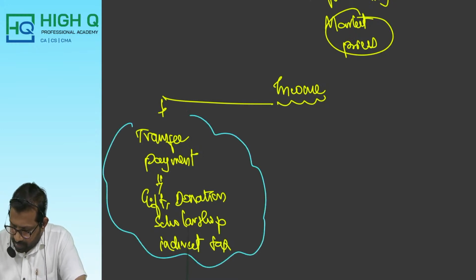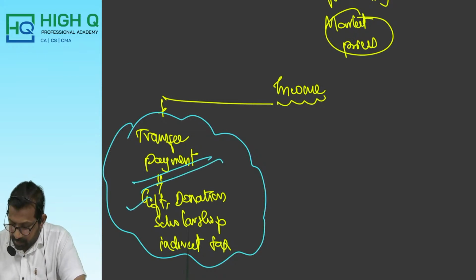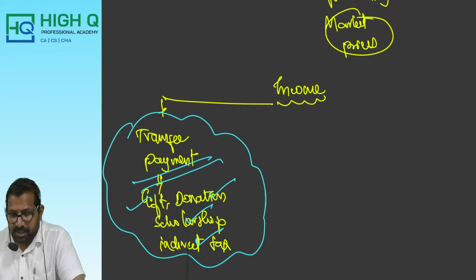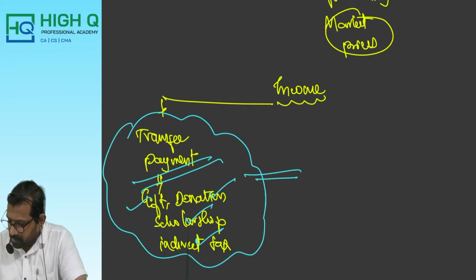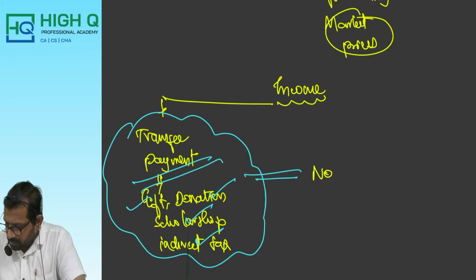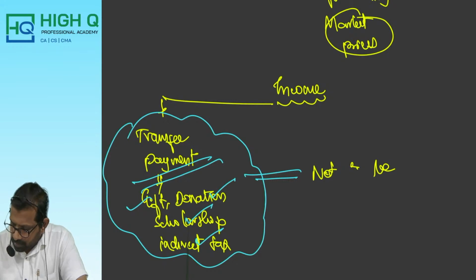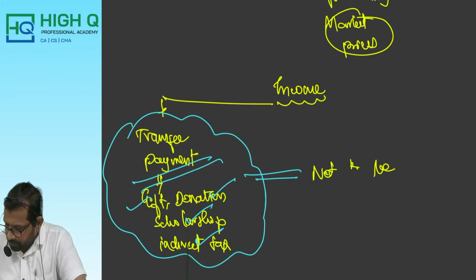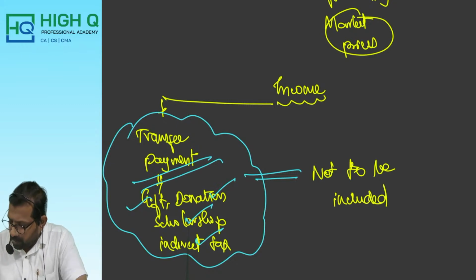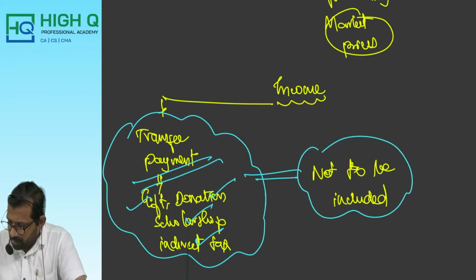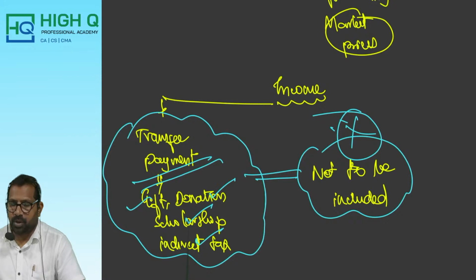Under the income method, transfer payments, for example gift, donation, scholarship and indirect taxes, all these are not to be included. Mark it as an important point.